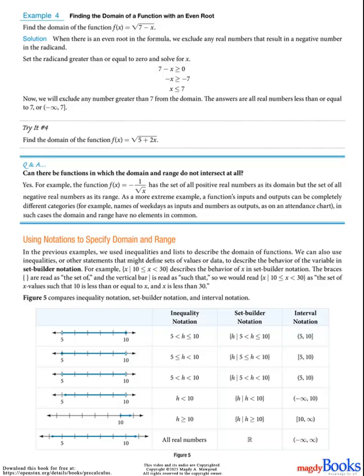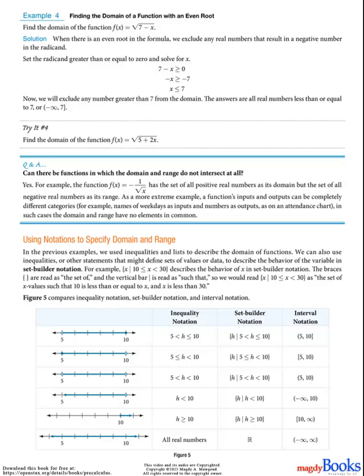Negative x is greater than or equal to negative 7. x is less than or equal to 7. Now, we will exclude any number greater than 7 from the domain. The answers are all real numbers less than or equal to 7, or (negative infinity, 7]. Try it number 4. Find the domain of the function f of x equals square root of 5 plus 2x.